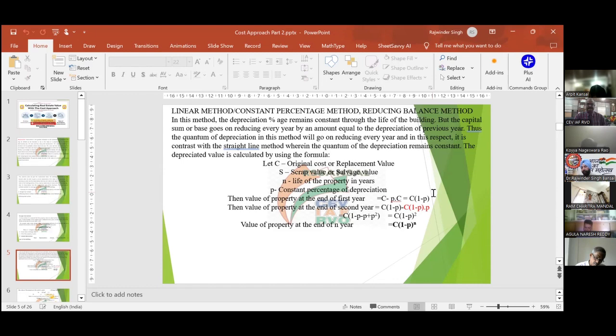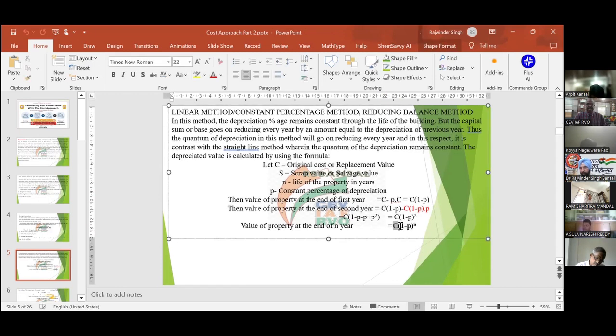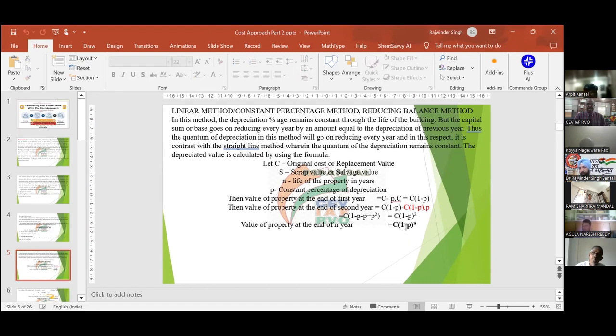But in depreciation, it is the opposite. Your value goes on decreasing. So here the formula will remain the same, but the only difference is that instead of R we are using P. Instead of plus R, we have minus P. The formula is the same as that of future value, but here, instead of increasing, the value decreases every year.